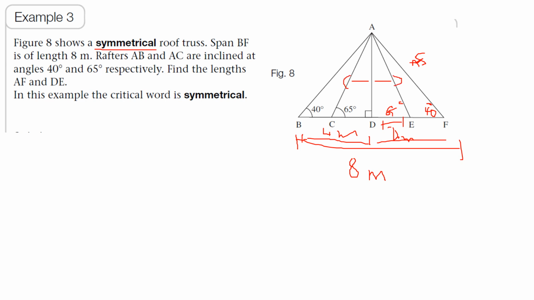It doesn't mean the length of CD is equal to the length of BD, but it means the length of DB is equal to the length of DF. So you will be right to say DC is equal to DE, and also BC is equal to EF, because it's symmetrical. They are going to align together when you fold your shape there.